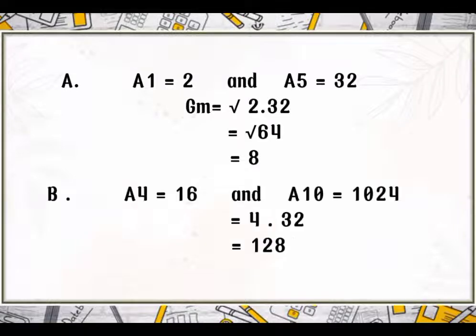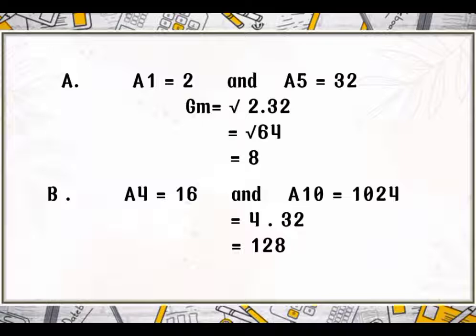Next is B, the first and 10th terms. So, from the given, our first term is 16. And yung 10th term natin is wala pa. Kunin muna natin at alamin muna natin si 10th term.